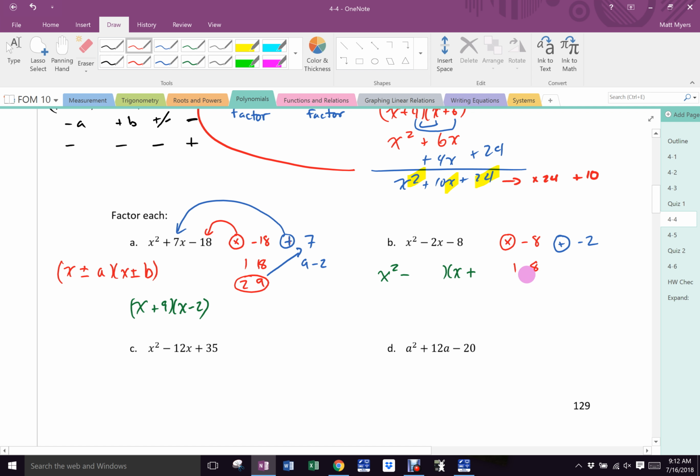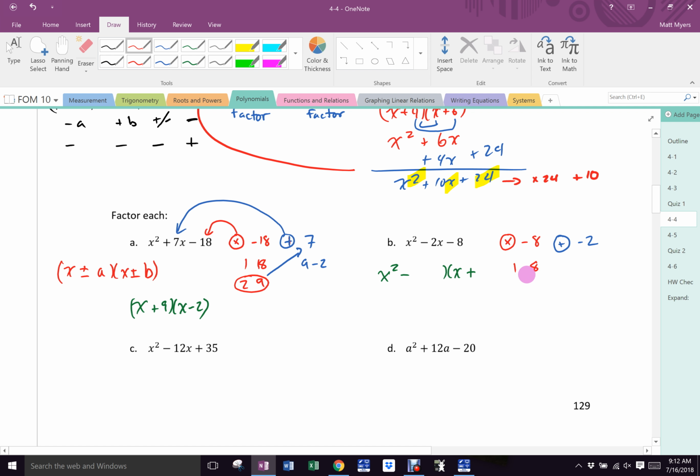So you guys do C. What do I got to multiply to? What do I got to add to? Multiply to 35. Add to negative 12. Is it 1 and 35? Nope. Is it 5 and 7?